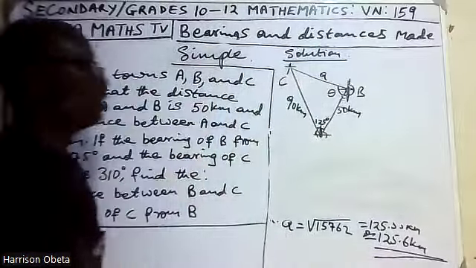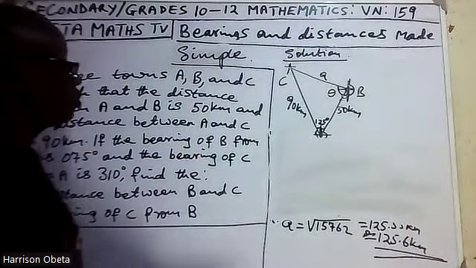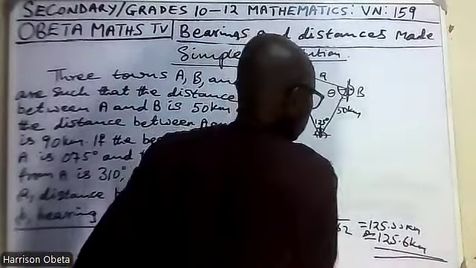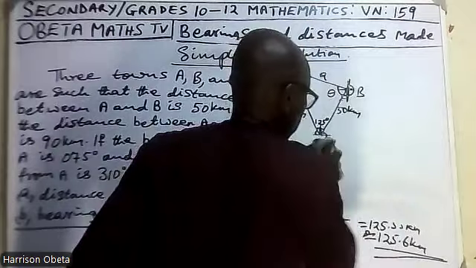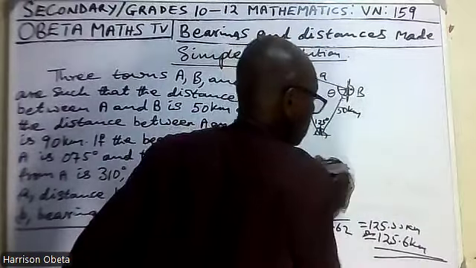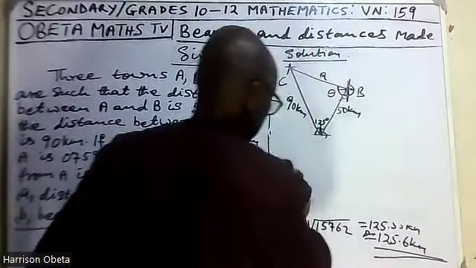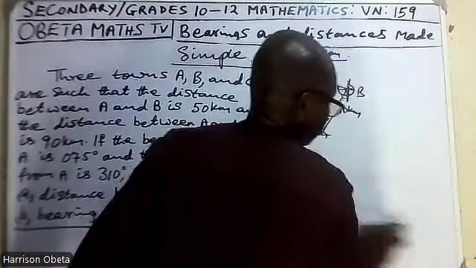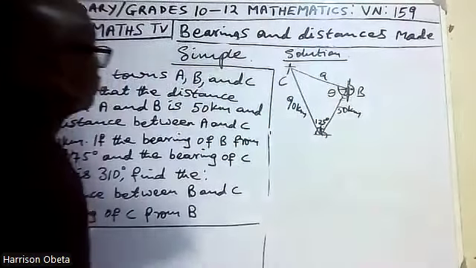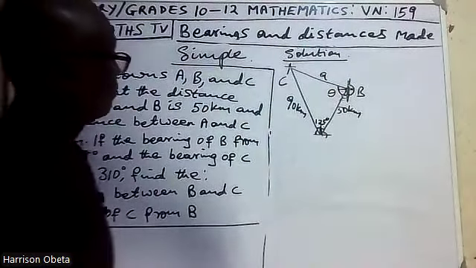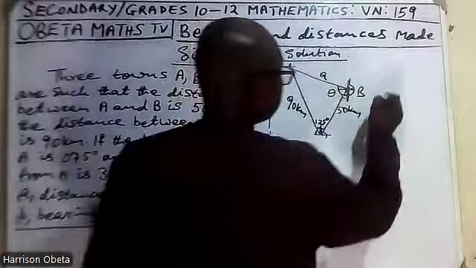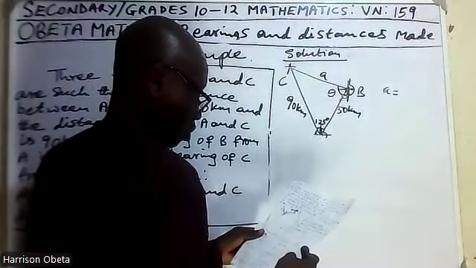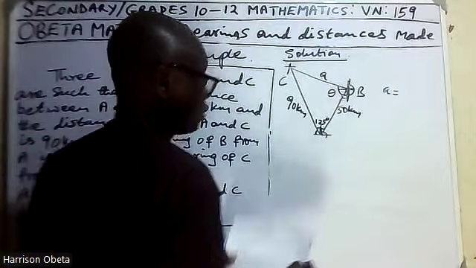So we now go back and answer question B. In order to answer question B, we have to use the sine rule. Remember that we calculated a to be 125.6.